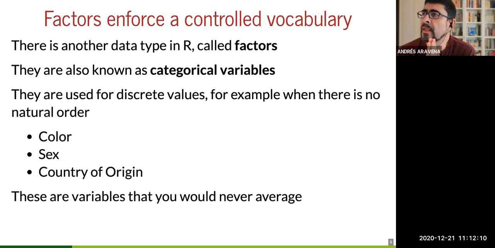It's something in between logic and numbers, because logic values are yes or no, true or false, nothing in between. But if you are speaking about color, you will typically say red, green, blue, yellow, something very strict, or a city. You have many options, but not millions of options.